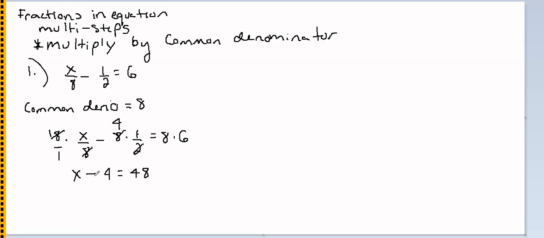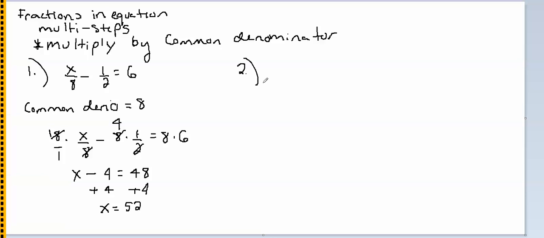All I have to do is do the opposite of minus, which would be add the 4 to both sides. And x is going to equal 52. So it seems a lot harder than it is when you have a fraction. So if you use this rule of a common denominator and you multiply every single term by that common denominator, you're going to find a lot of success with your fractions in your equations.